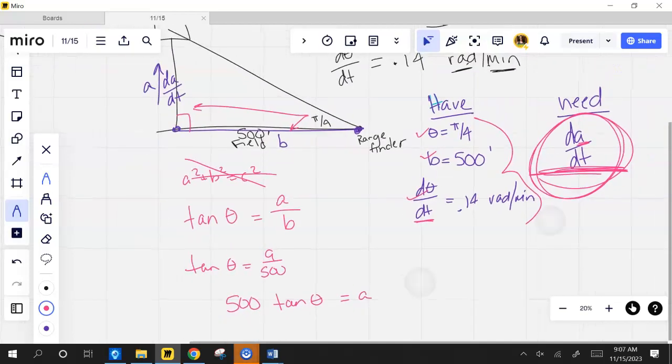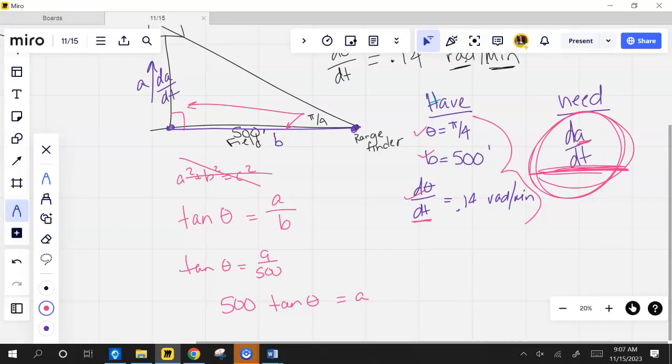Since it said, and this is where you have to think, you want the derivative at that instant. Well, what's changing? That's changing, right? So I want this derivative to be when theta equals pi over 4. So I'm finding a general derivative, but then I'm going to do it at a specific point a little bit later on, if that makes sense. So let's find the derivative right now.